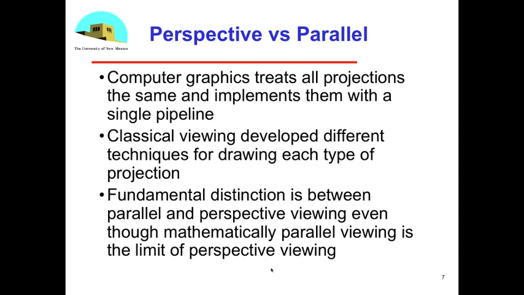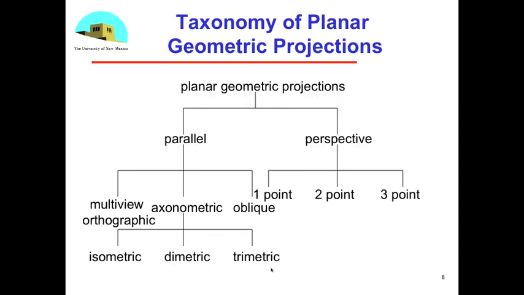So we really wind up with a taxonomy somewhat like this. Of our planar geometric projections, I'm going to divide them into two classes, the parallel projections and the perspective projections. And then what I'm going to do in the next bunch of slides for parallel is take the most restrictive case first, which is going to give me the multi-view orthographic projections, and then start saying, what if I release this restriction?